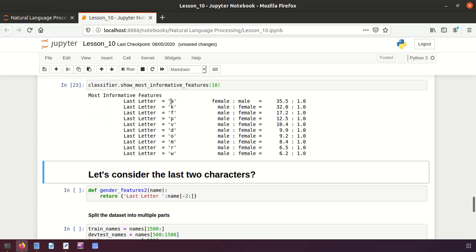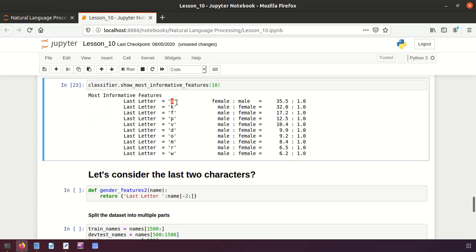Here, for names ending with this letter, 36 times more names relate to female and the remaining to male. But for names ending with the letter K, 32 times we have more male names than female names. You see like that we have these things.